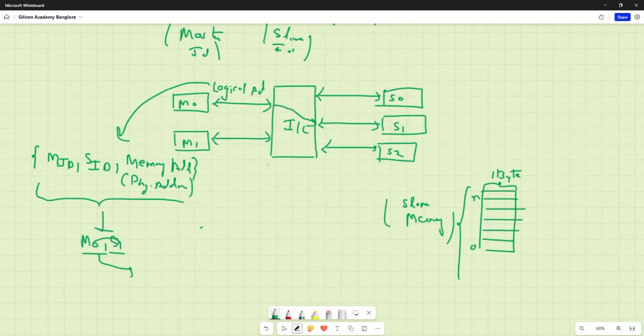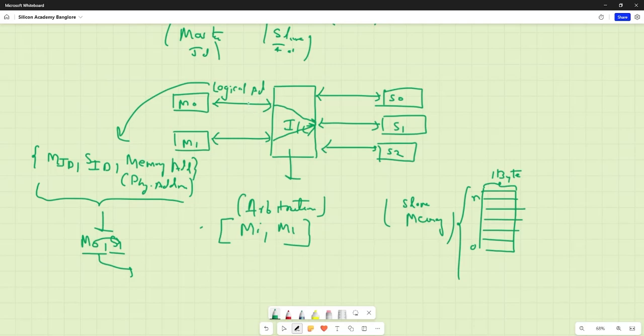Now, there could be a case where two masters are trying to interact with the same slave. For this case, the interconnect would also have an arbitration logic that describes the priority between M0 and M1. Based on that, it will give access to the particular master.